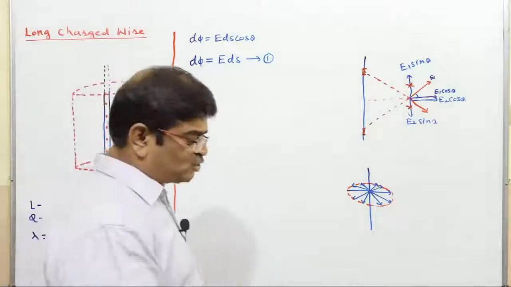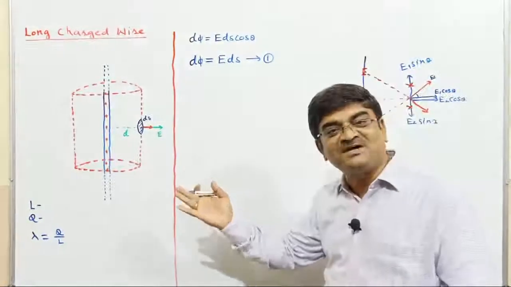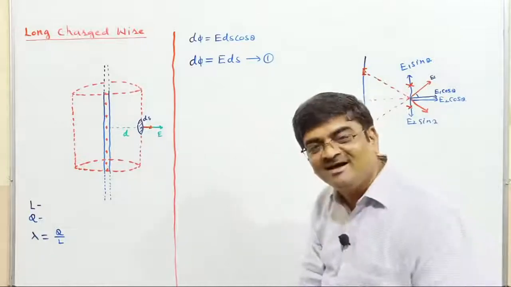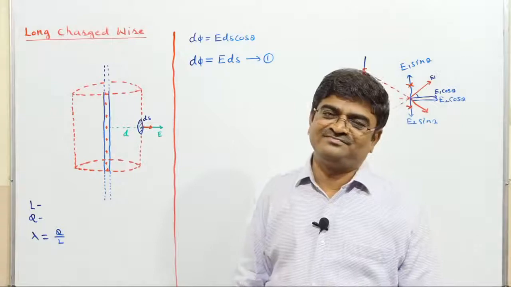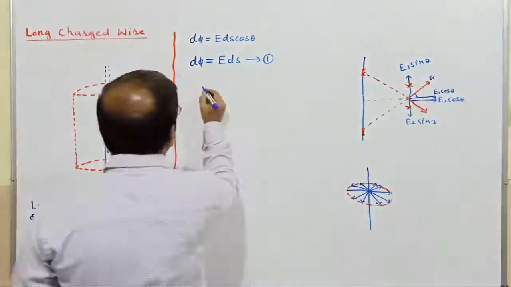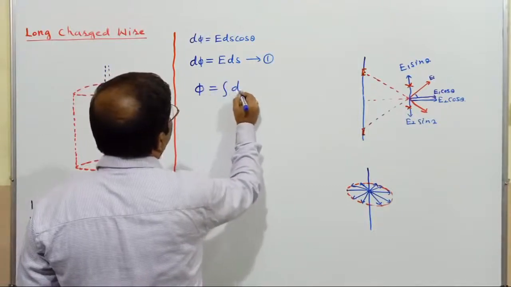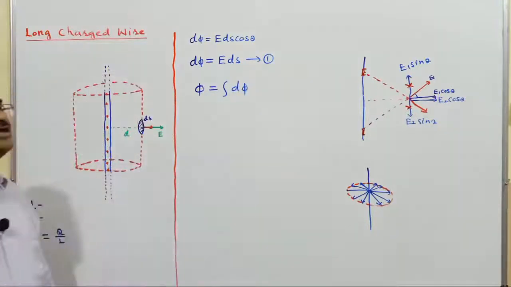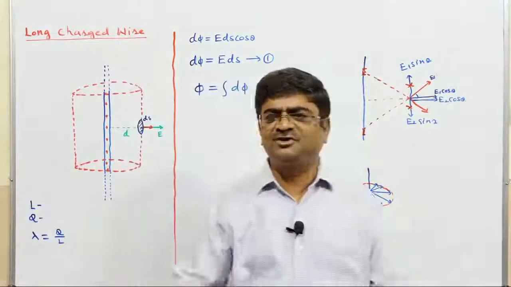So I got the flux through the small portion, but my need is the flux through the whole curved portion. So what I do then? Such many dS I will focus on, such many dφ's I will get, and all those dφ's I will have to add by the technique of integration until I cover the whole curved surface.